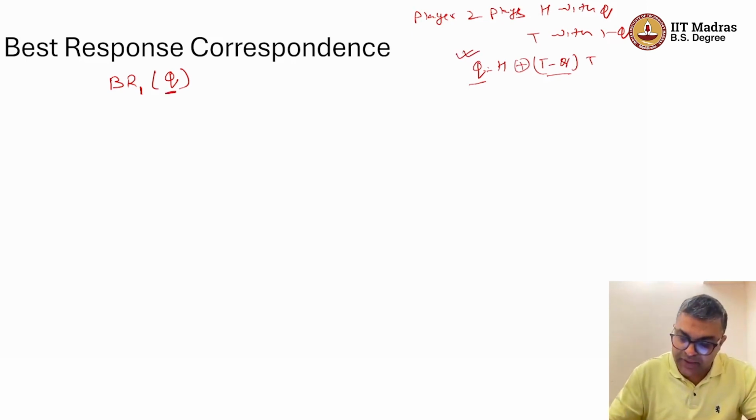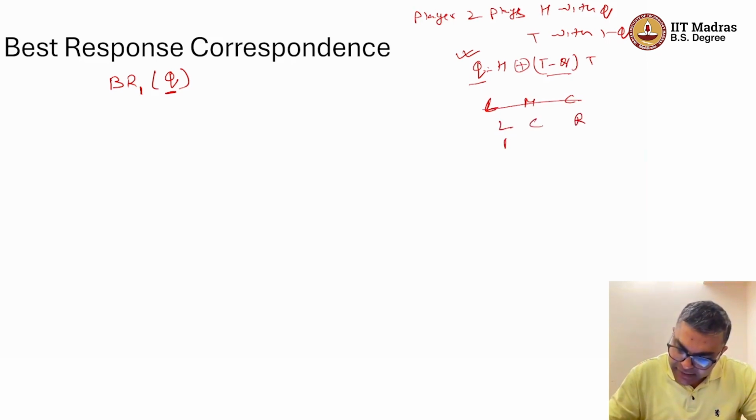If we had 3 strategies, let us say player 2 was playing left, center, right, where the names are not important, and here is p, here is q, and this is 1 minus p minus q.